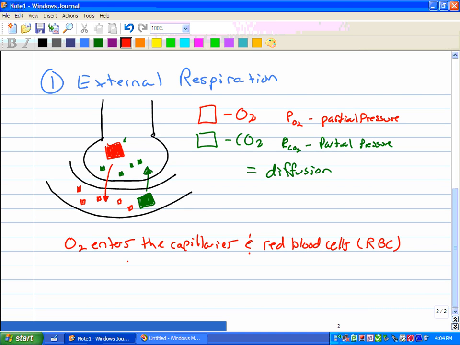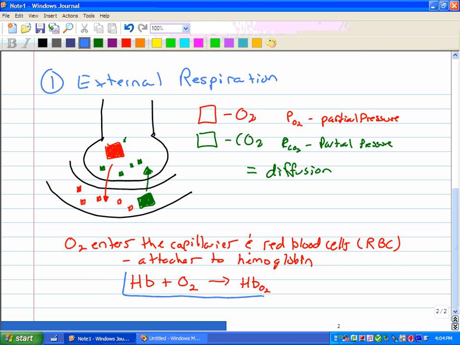And when it's in the red blood cells, it attaches to hemoglobin. So a little reaction that we have there: we have our hemoglobin normal, and when it attaches to oxygen, we have our new molecule, which is oxyhemoglobin. So that's one formula you need to know. It's not too complicated.